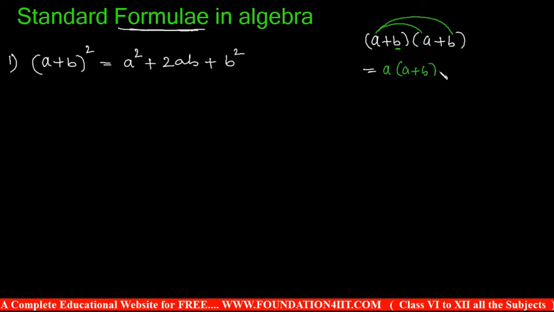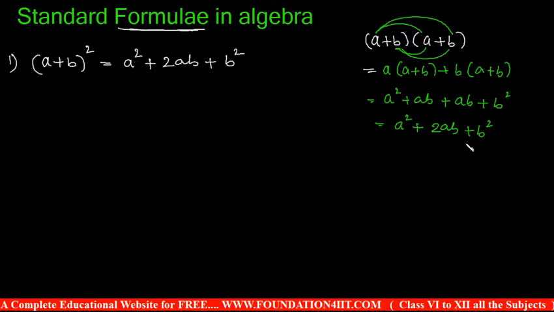The first term will multiply everything, and the second term will also multiply everything. Then a into a is a square, plus ab, plus b into a is ba, or ab also you can write, plus b into b is b square. If you combine, ab plus ab is 2ab, plus b square. This is the (a + b) whole square formula.